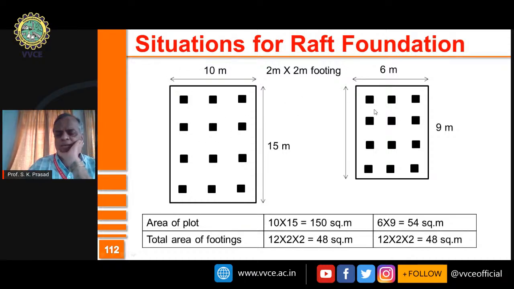On the other hand, you consider a situation you have 6 by 9 as the plot area, and you have 12 columns again. Each column is supposed to have 2 meter by 2 meter width of isolated footing.